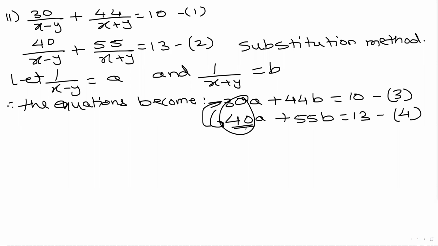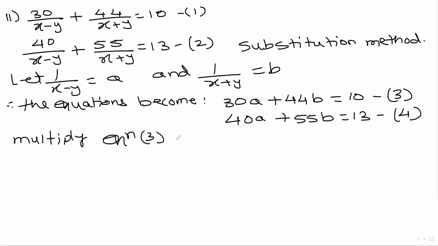It's not always like that. You have to make sure that you find the LCM and then multiply. So we'll multiply equation 3 by 4, since the LCM is 120 as we have seen last time, and equation 4 by 3.